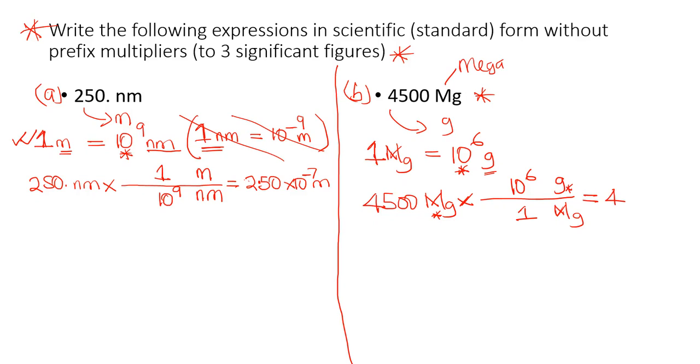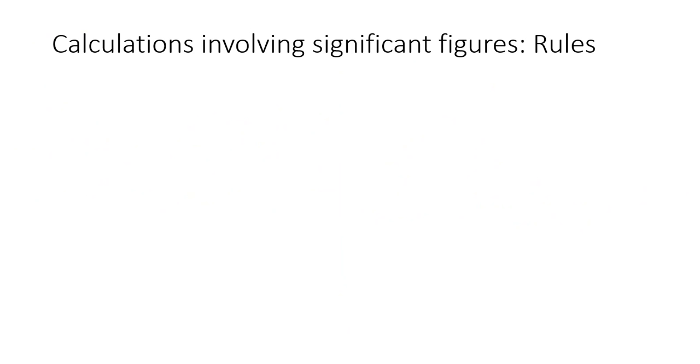So I get 4.50 times 10 to the 9 grams as my answer. So that's how we can convert units from a smaller unit to a bigger unit, or from a bigger unit to a smaller unit. So let's move on.